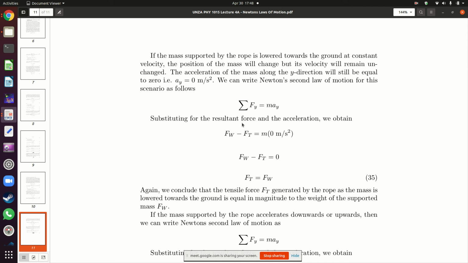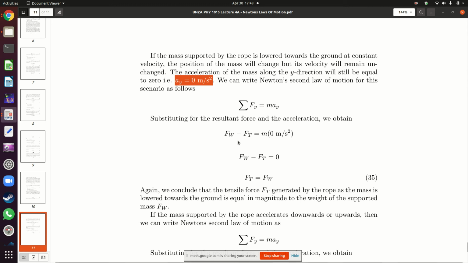So if you lower the mass or you raise the mass at a constant velocity, from up going down, or from down going up, so that the mass is moving at constant velocity, it means that the acceleration along the y direction is equal to 0. Are we clear?